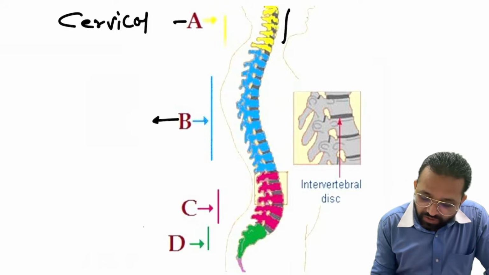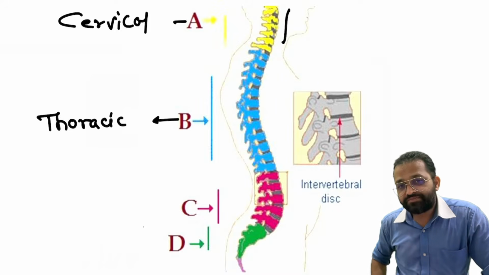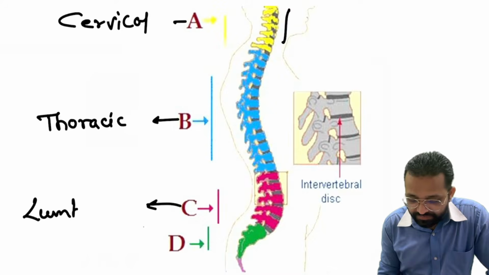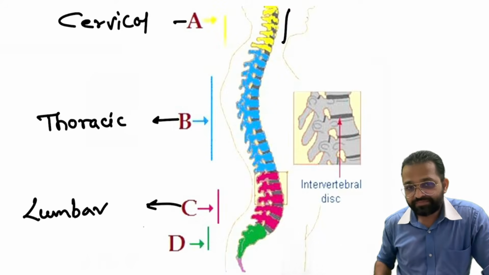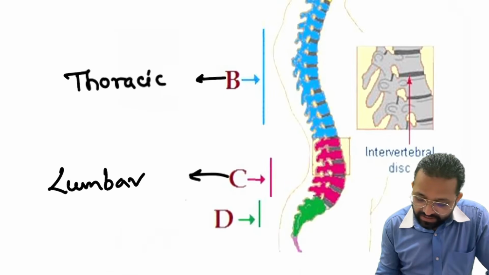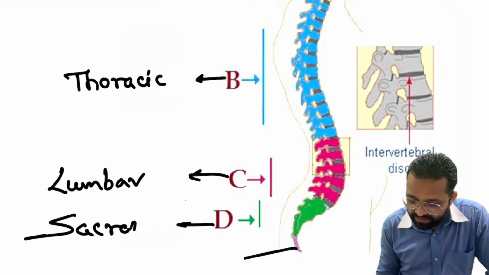Sir, B is also known as the thoracic vertebra. C is also known as the lumbar vertebra. D is our sacral vertebra, and this is definitely the coccyx.